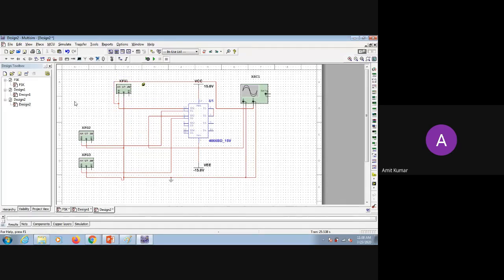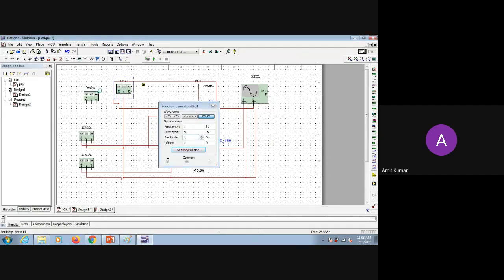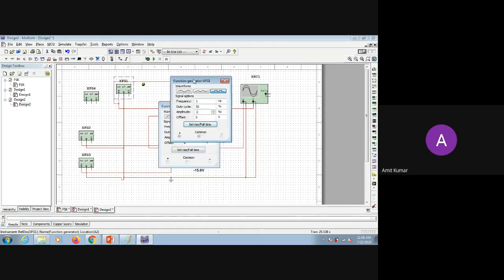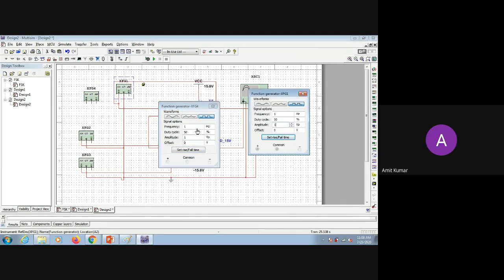So what we will do, we will take another function generator and we will replicate the data. So first is 1, then amplitude is 1, frequency this, offset we need not change.